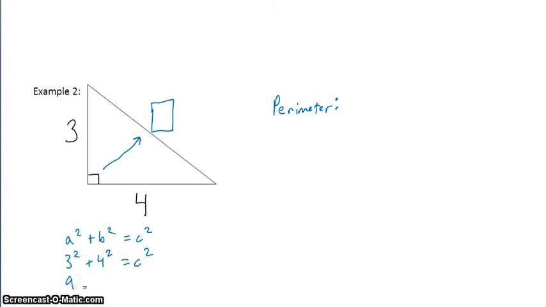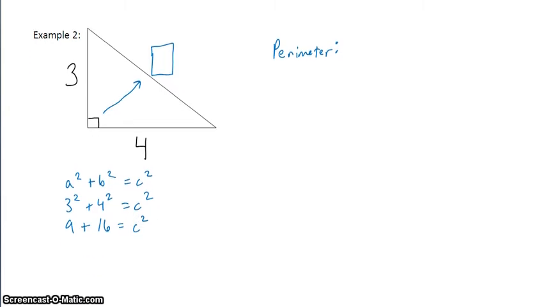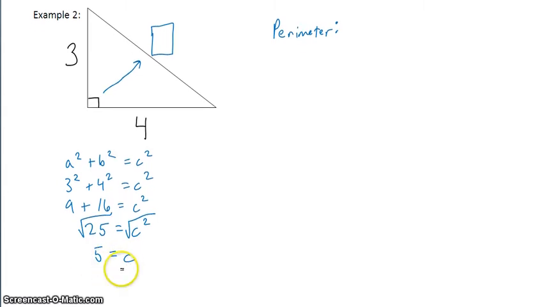3 squared is 9, 4 squared is 16. 9 plus 16 is 25. To solve for c, we need to take the square root of both sides. So 5 equals c, or c equals 5. Our missing side has a length of 5.